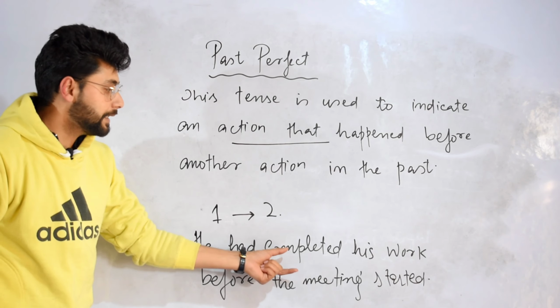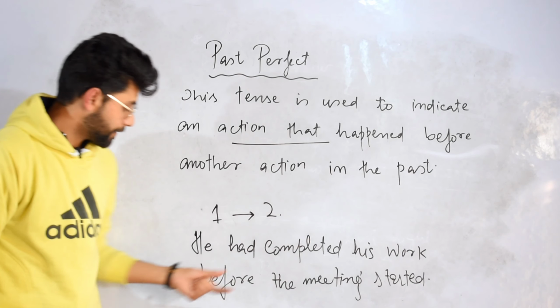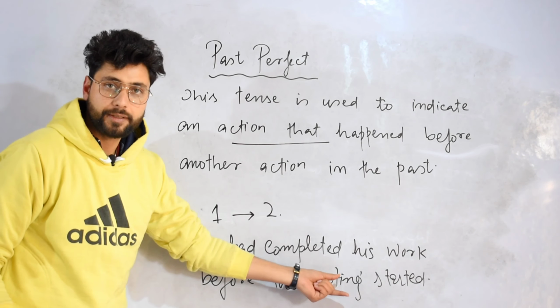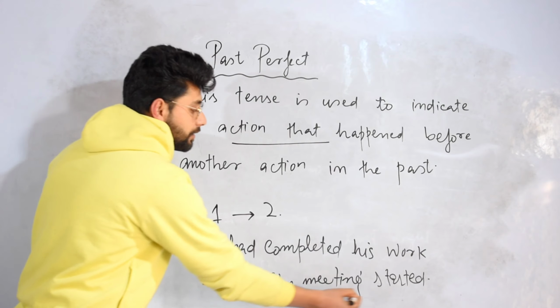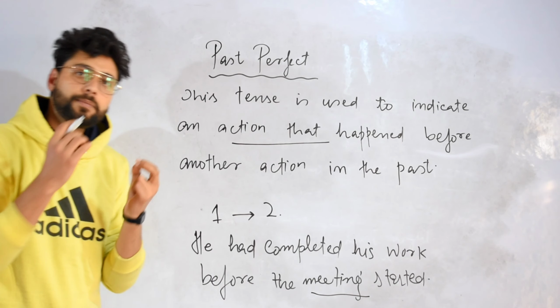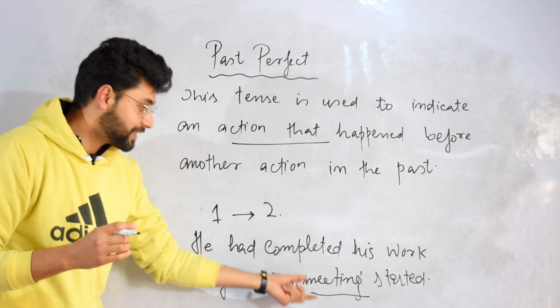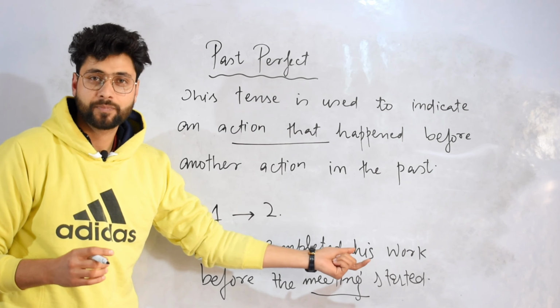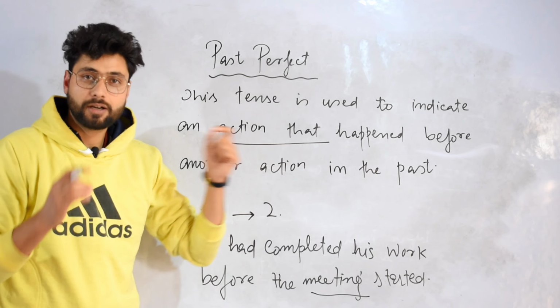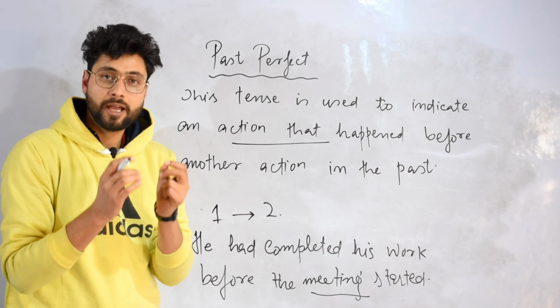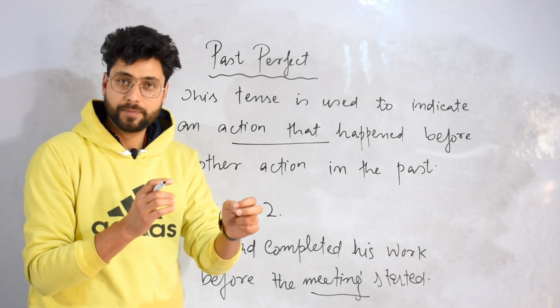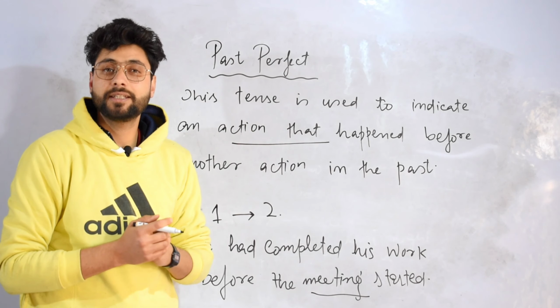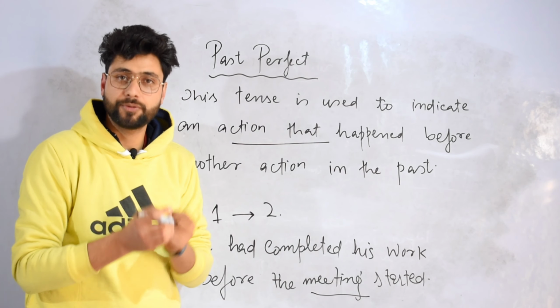You know, the meeting started in past, but before this meeting, somebody had completed his work. So somebody arrived in the meeting after completing his work. So this is the definition of past perfect.